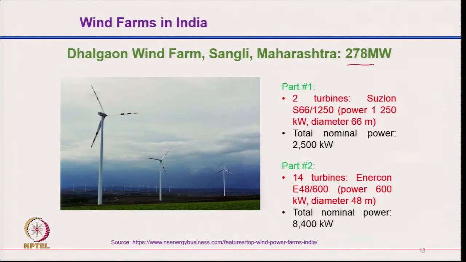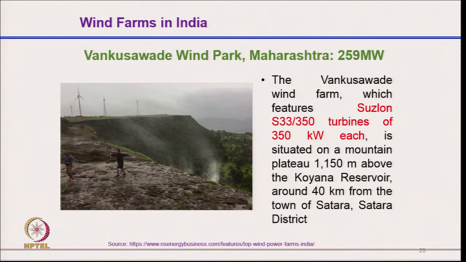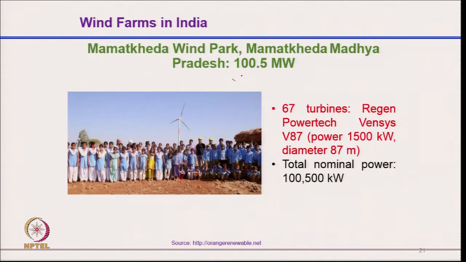Then another is 278 megawatt in Maharashtra, a plant with Suzlon and Enercon machines. Enercon of course uses the conventional synchronous generator, and they have different parts with generators of different ratings. Then there is another plant of 259 megawatt with Suzlon in different areas, and again 100.5 megawatt in Madhya Pradesh, where you have WECS turbines of 1500 kilowatt with a diameter of 87 meters or so.